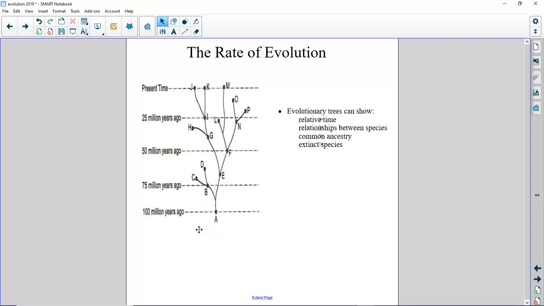A is the main common ancestor. But where was the divergence of evolution here? It kept going, then some sort of event caused a divergence in this species, going further up to present time, where you're left with just three. So an evolutionary tree, which is what this is, shows time, relationships, common ancestry, and extinct species. Keep that in mind as you read those and suggest explanations.